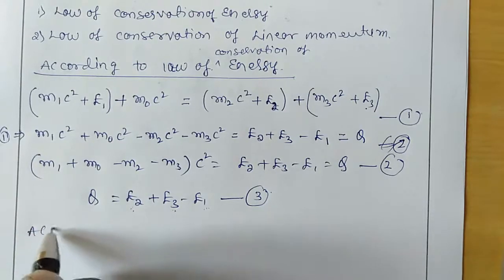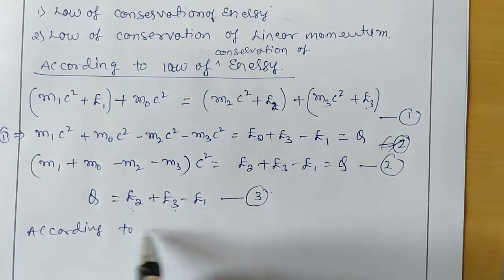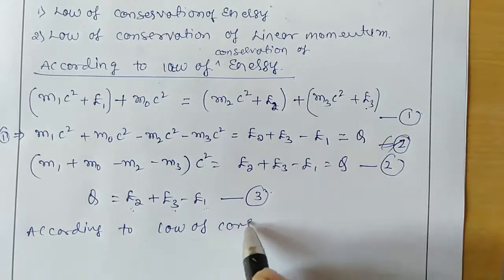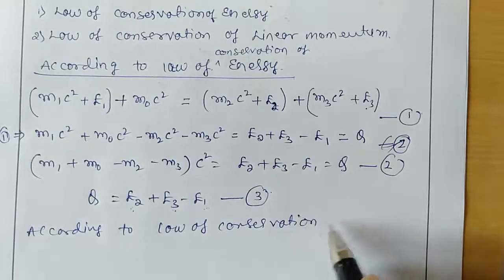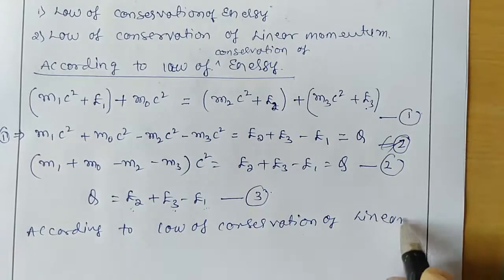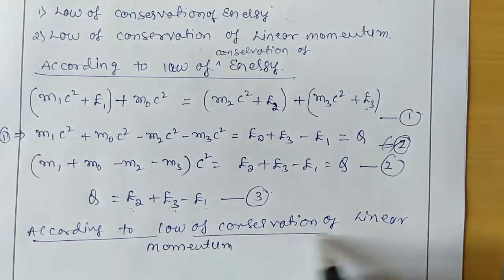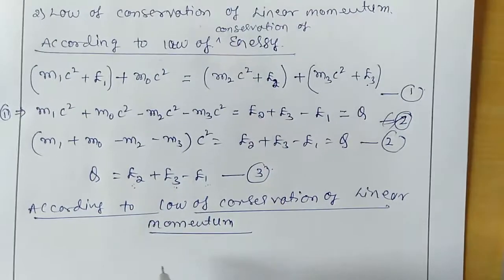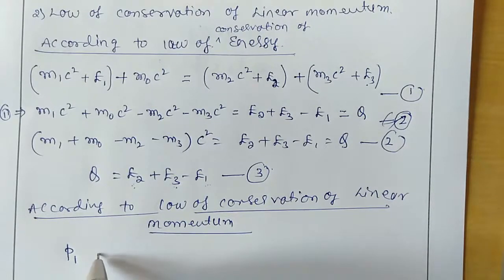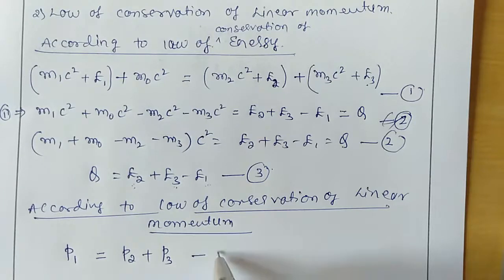Now, if we use the law of conservation of linear momentum, I can write that P1, the linear momentum of the projectile, must be equal to P2 plus P3, that is the linear momentum of the ejectile and the linear momentum of the residual nucleus.